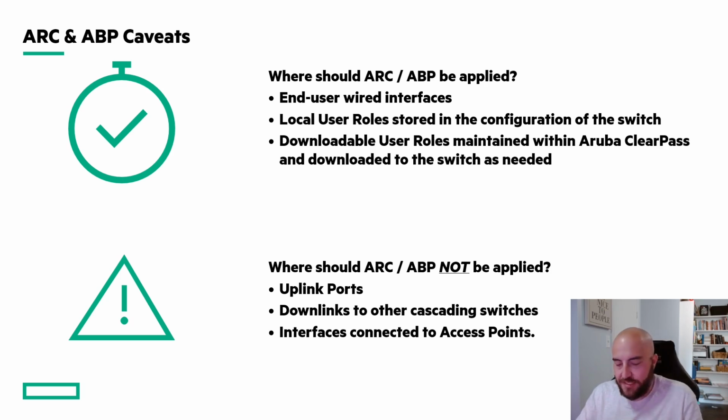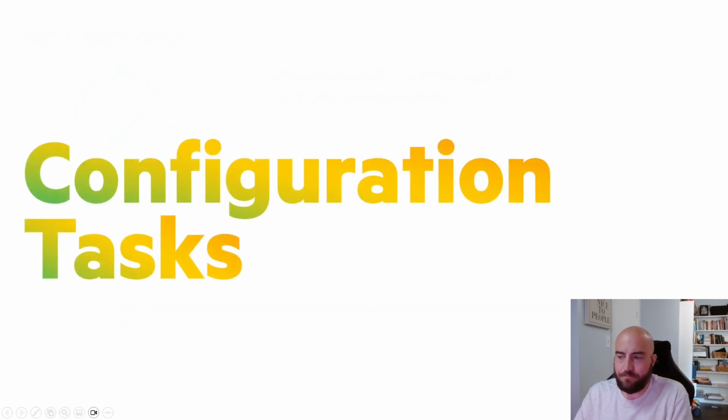This is a feature designed for end user ports and can be configured directly on an end user interface or stored within a user role, whether that's local or downloaded, and should be only applied to those end user roles. We don't want to apply this to uplinks, downlinks, or interfaces connected to access points, as that could create a flood within the IP flows table of application recognition and consume unnecessary resources that can be better utilized elsewhere.